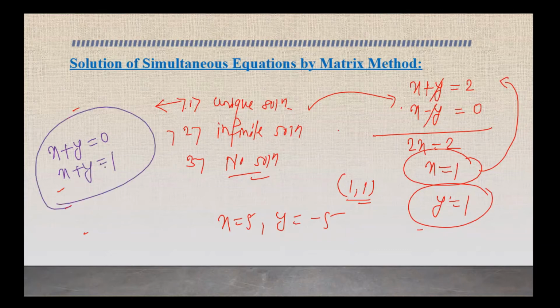This is a simultaneous equation, and we have to obtain the solution of this equation. Here the LHS of both equations are the same, and the RHS of both equations are different. Now we recall what a solution is. Solution means the values of the variables such that it satisfies both equations. But when we solve the first equation, we get infinite solutions. But these values do not satisfy the second equation.